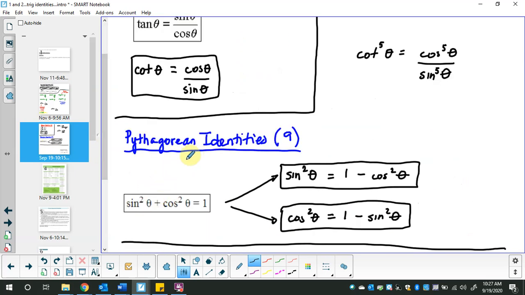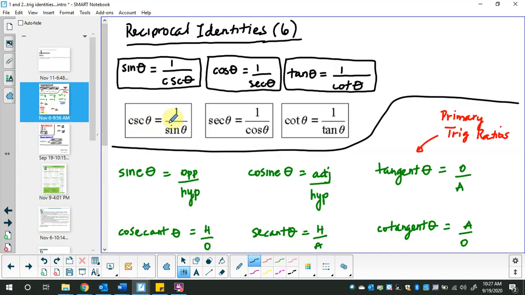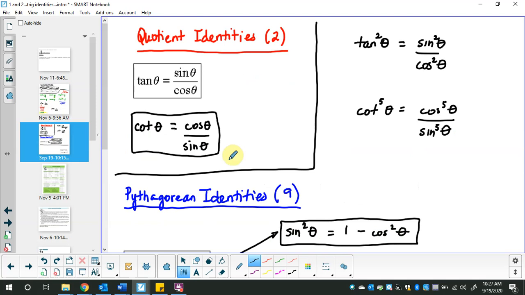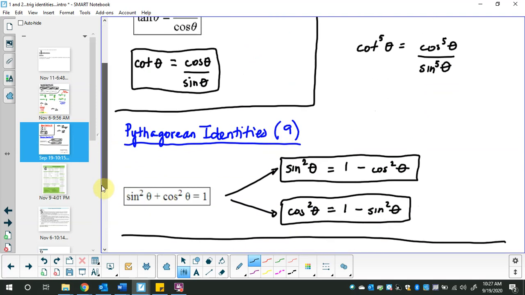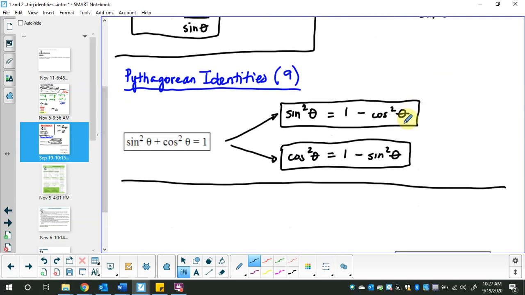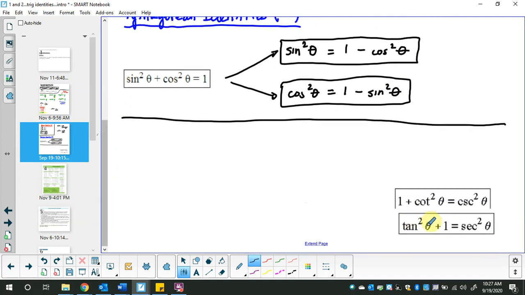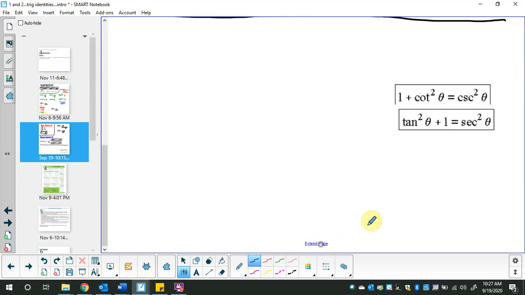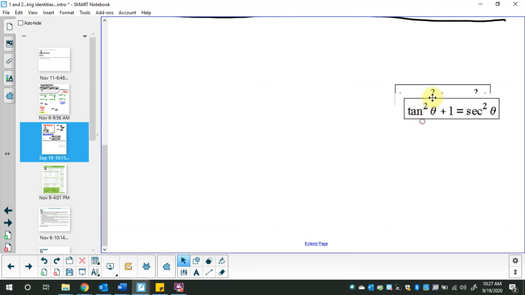So out of the 17 identities I'm giving you today, I only know 6 of them, and the other ones I make up as I go. As in, I make these 3 because I've memorized those. I make these 2 because I've memorized this one, and I can do algebra. So the other 2, which means other 6, the other 2 that happen come from my favorite.